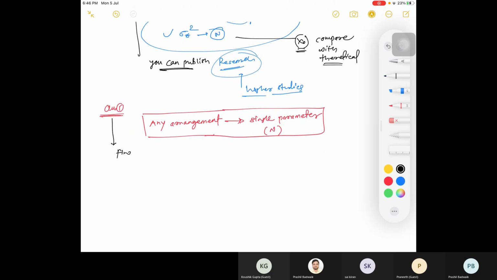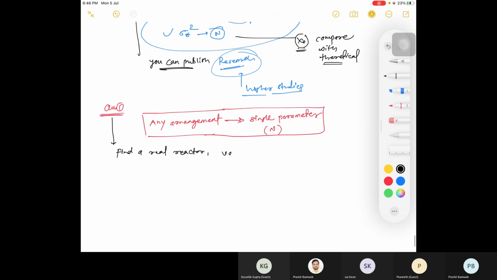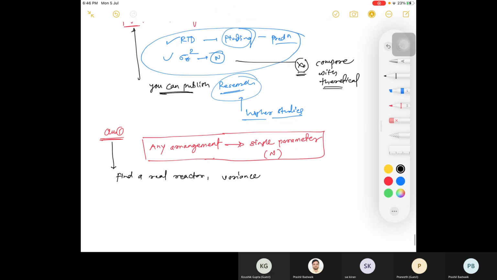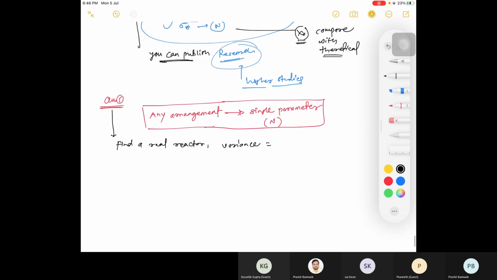Now, based on this, we'll solve one question. For a real reactor, the variance has been found to be 2.08 minute square.